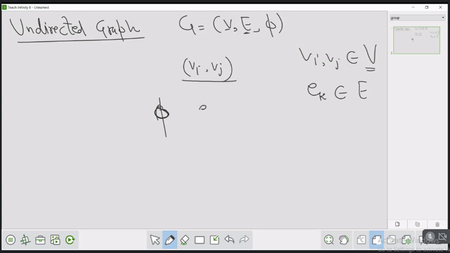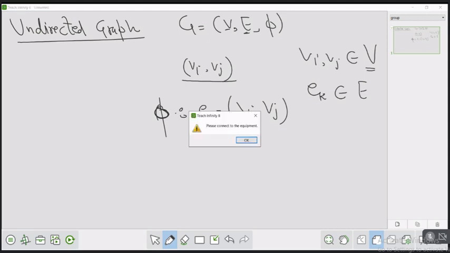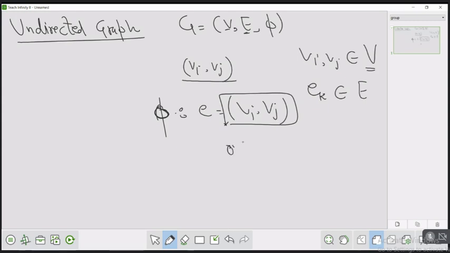So basically E is equal to Vi to Vj. And you can see that it is a pair of vertices. It may be ordered or unordered.